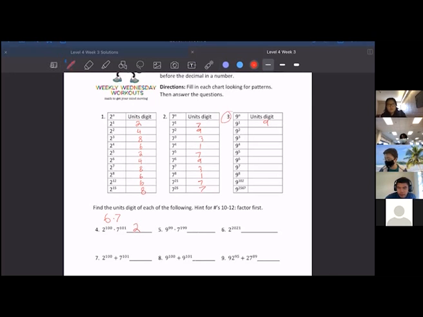Okay, so we have 9, and then 9 squared. We have 1.